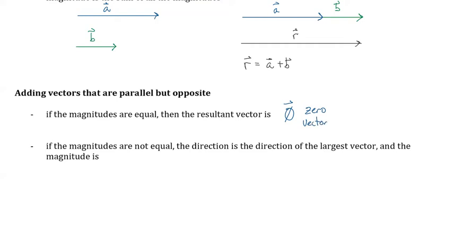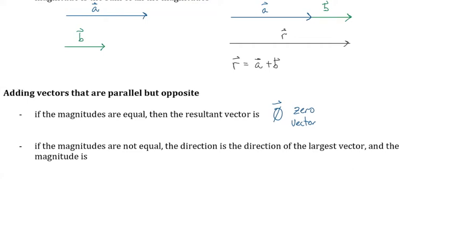The 0 vector has 0 magnitude and no direction, but it is a vector. Some operations can only be done with vectors, so the 0 vector can participate in those operations, whereas 0 as a scalar cannot. It's a subtle difference, but an important difference.